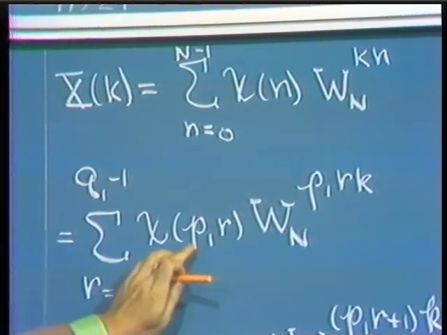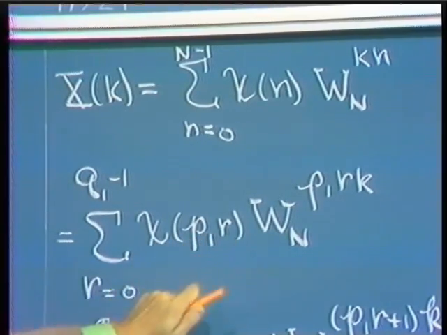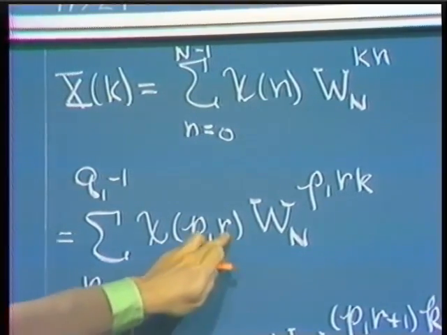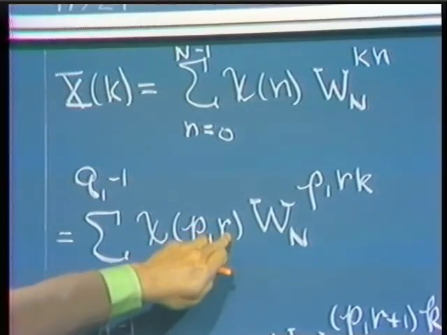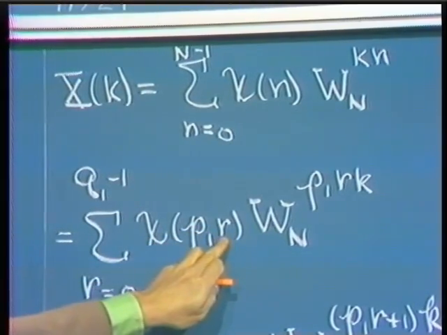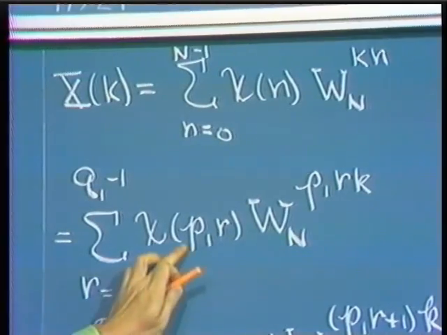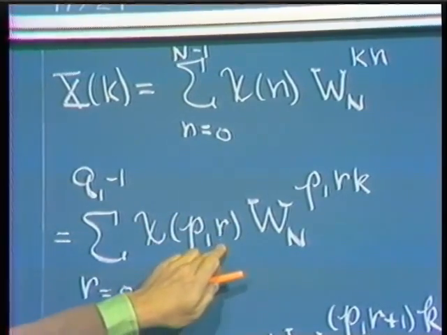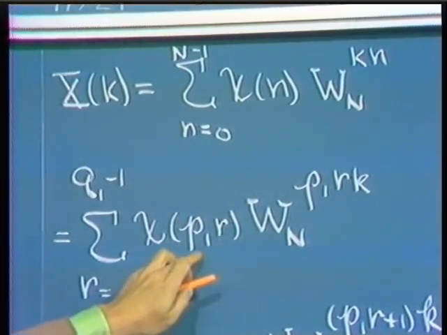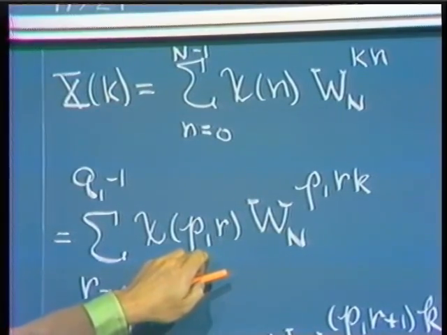In particular, if we think of the argument P1 times R, as R ranges from 0 to Q1 minus 1, we're selecting with this argument every P1th point starting with the 0th point.